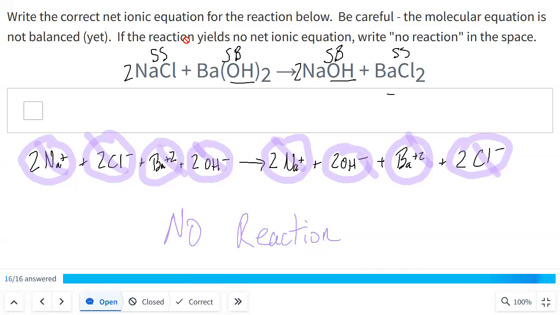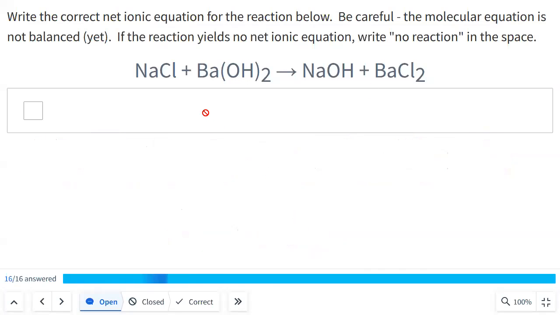This looked like a perfectly viable chemical reaction. But the reality is, it's a recipe for a solution. The solution has nothing new in it. All right, any questions before we move off of net ionic equations?